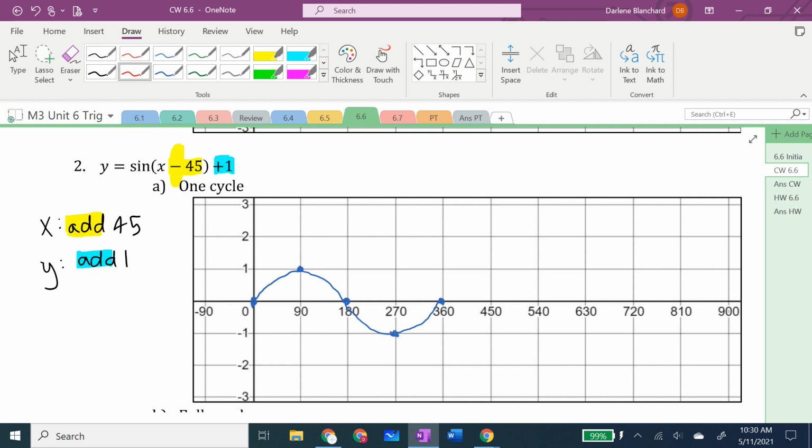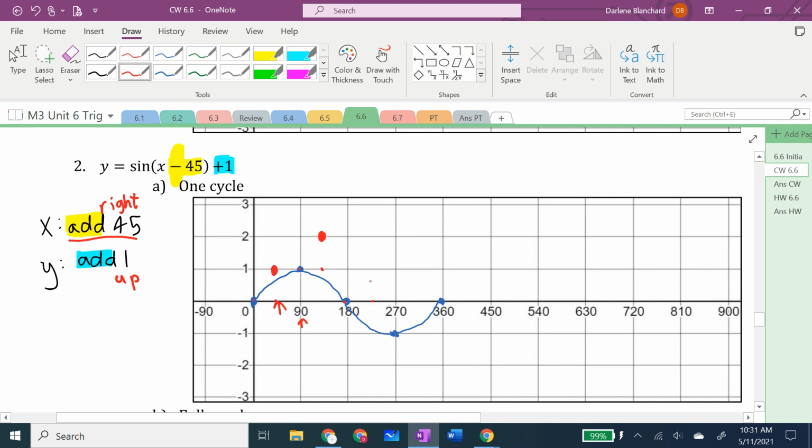And so I'm going to take each of the points and I'm going to move them right 45. And if you see that this is 90 right here, then that's halfway. Everything is moving right 45 and up 1. So if I take this point and move it right 45 and up 1, and then take this point and move it right 45 and up 1, and keep going.